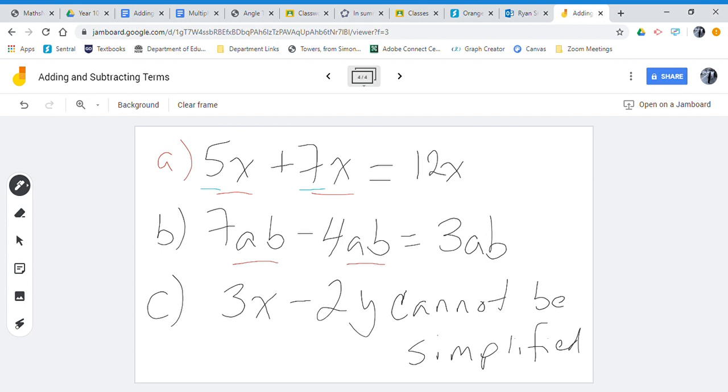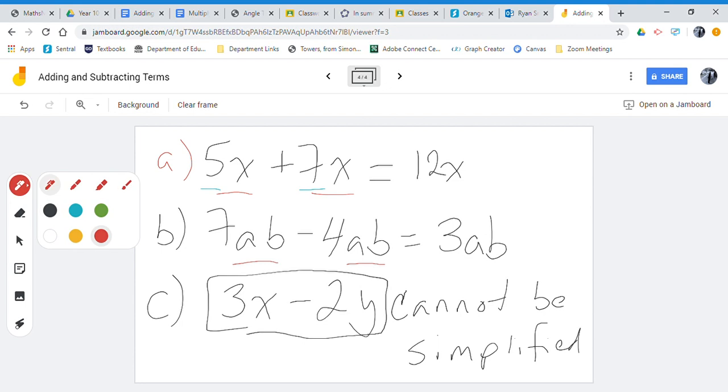So that is as far as you can go, and the reason why it cannot be simplified is because our pronumerals are not the same. So that's why we cannot simplify that.